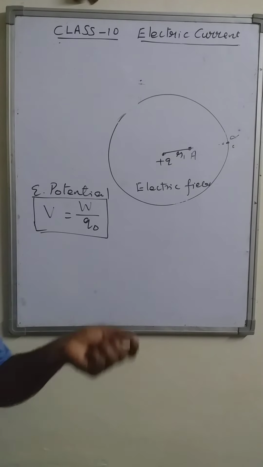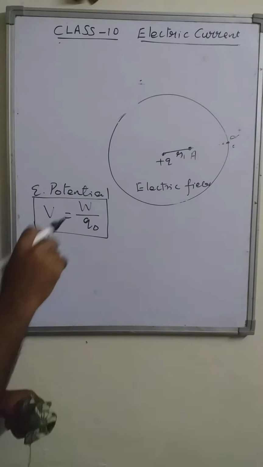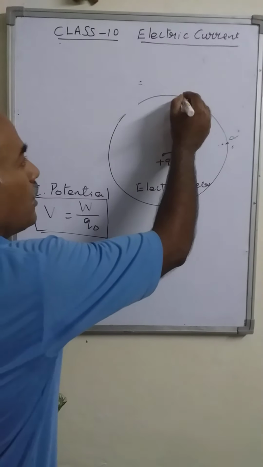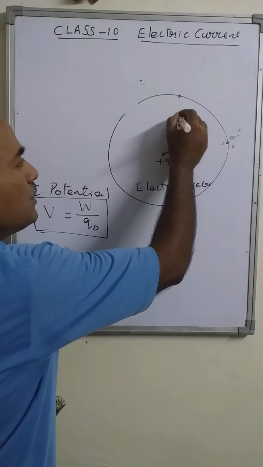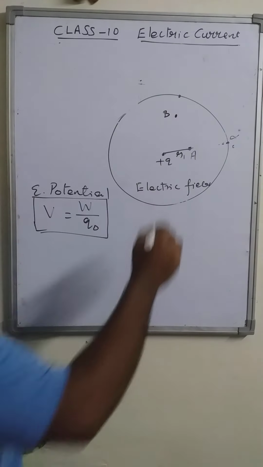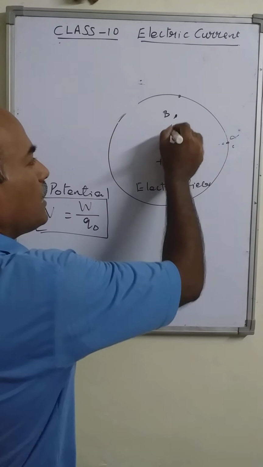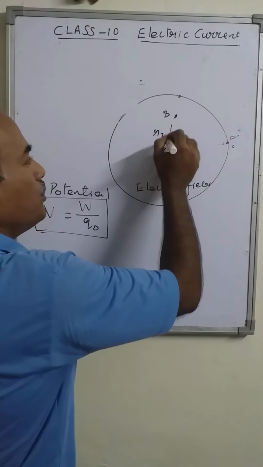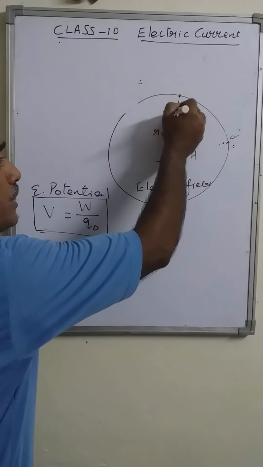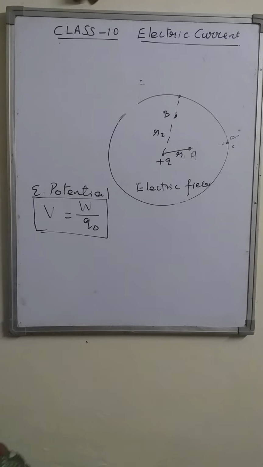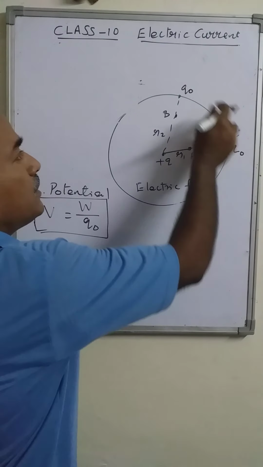Now, if the same charge, Q0, the unit positive charge, is brought from infinity to another point, suppose this is point B, at a distance of R2 from Q, here also work is to be done. Both are at infinity.